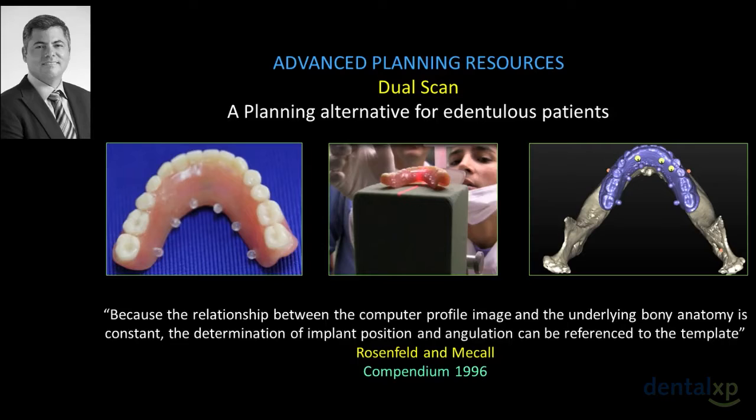Computer-guided protocols are becoming more sophisticated, and the two main protocols recommended today are the dual scan and the optical scan. The dual scan is utilized mainly in fully edentulous patients, with some exceptions. This consists in placing some markers in the denture, then scanning the denture, the patient, and bringing the data to the software to analyze and plan the work.